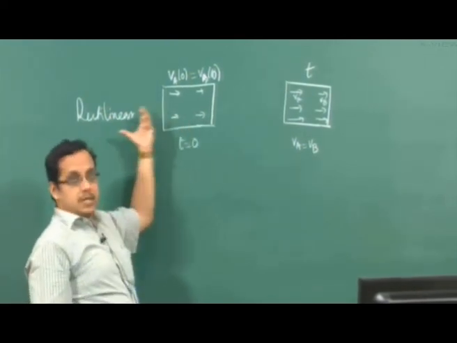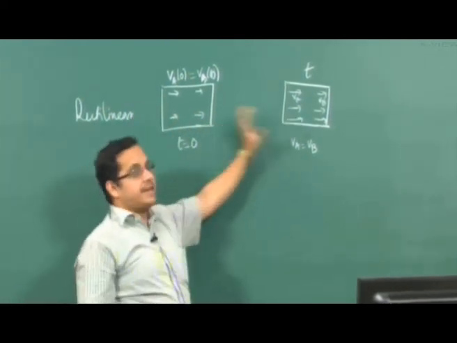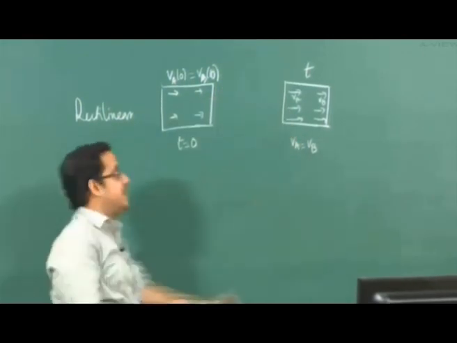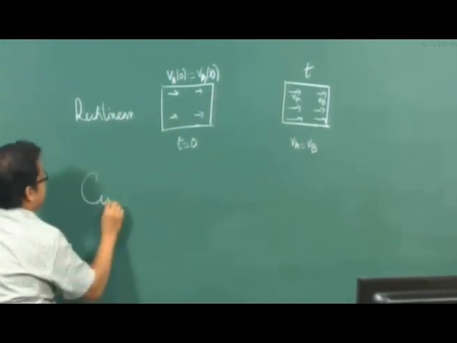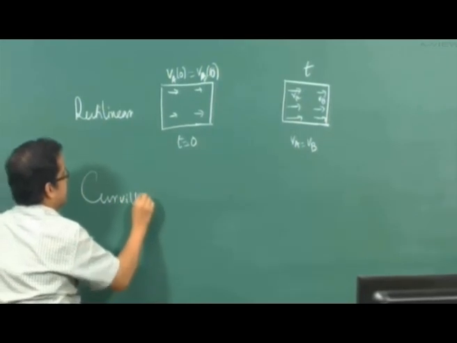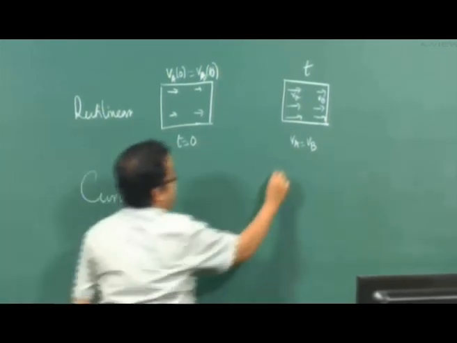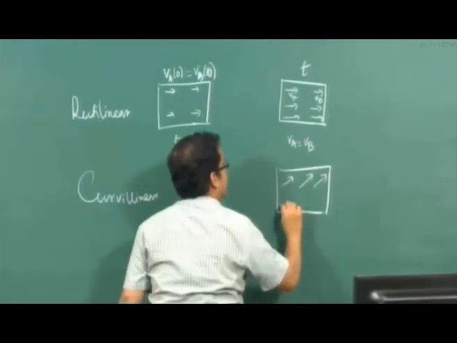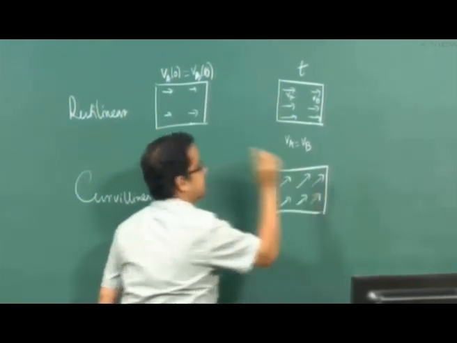But the important thing about rectilinear motion is that even if the magnitude of velocity changes, the direction of velocity is the same. Whereas in curvilinear motion, at a later time, this same body could have velocity in some other direction.